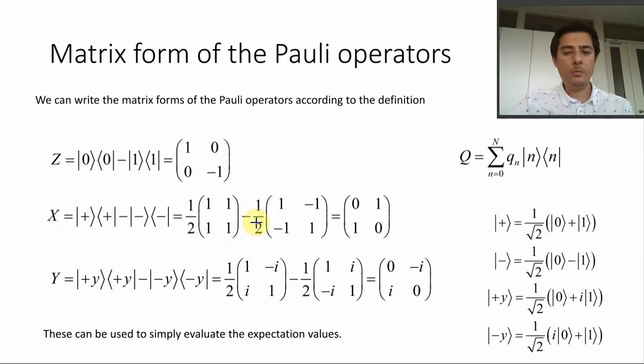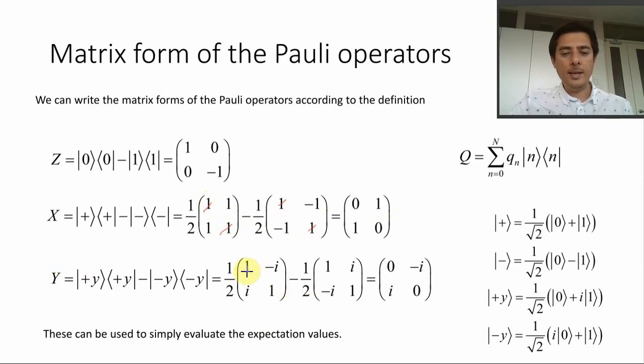When we subtract these, these terms cancel out, and then these terms are like 1 minus -1 divided by 2, which gives 1. So this one is off diagonal with ones. For the y's, there are some i's floating around.